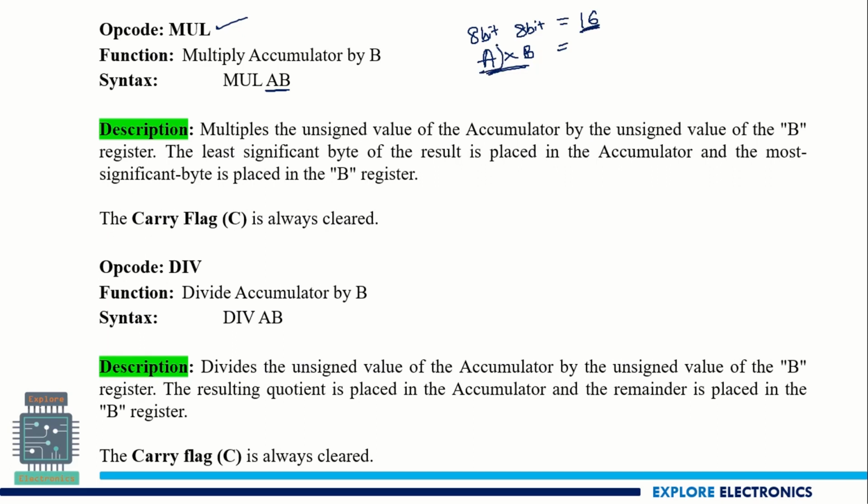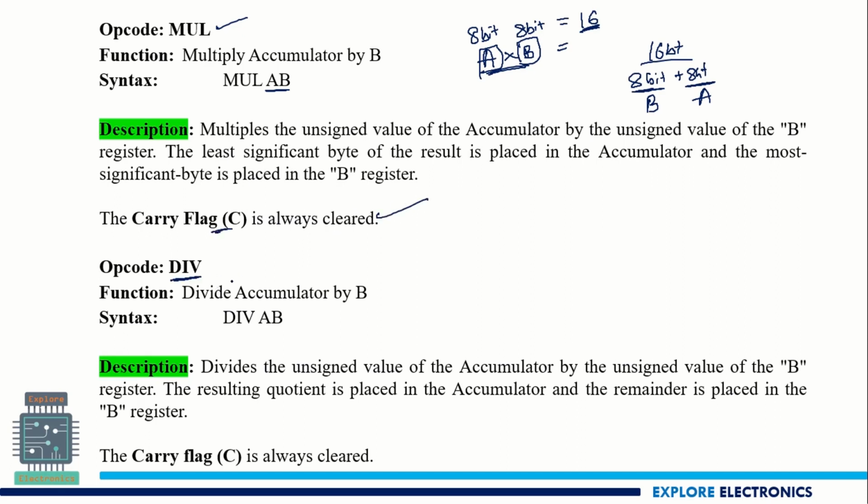We can't accommodate it into A only or B only. That's why, if we divide the 16 bits into 8-bit plus 8-bit, the lower 8 bits, the least significant byte, will reside in register A. The upper 8 bits, the most significant byte, will reside in the B register. And here the carry flag will be cleared.